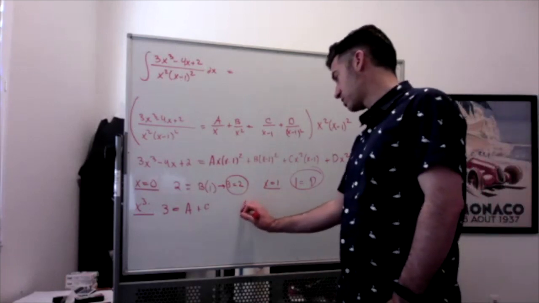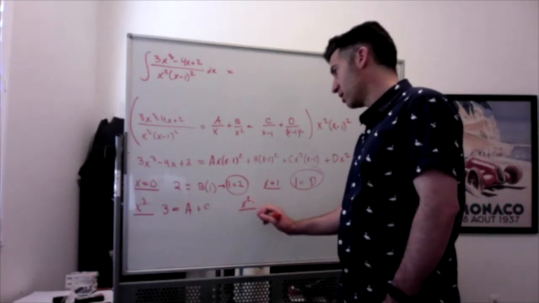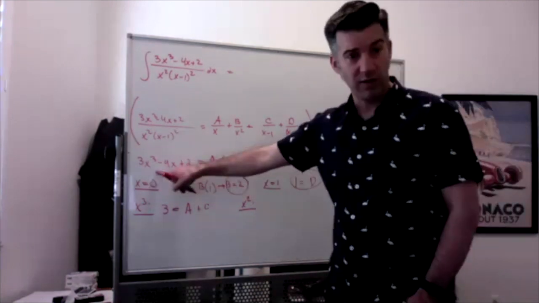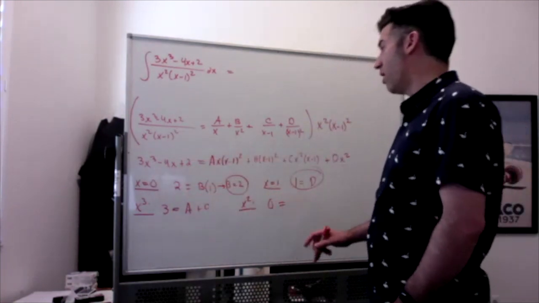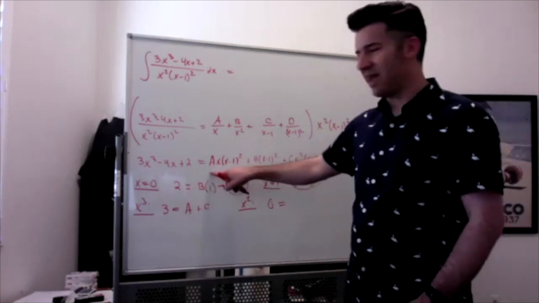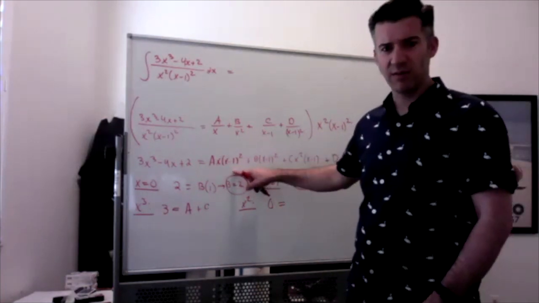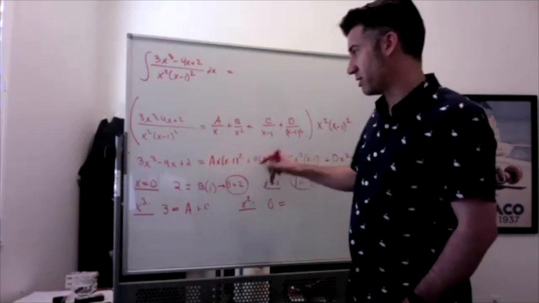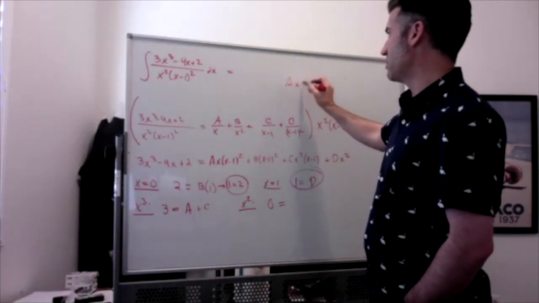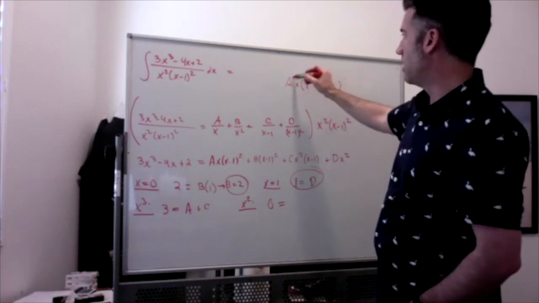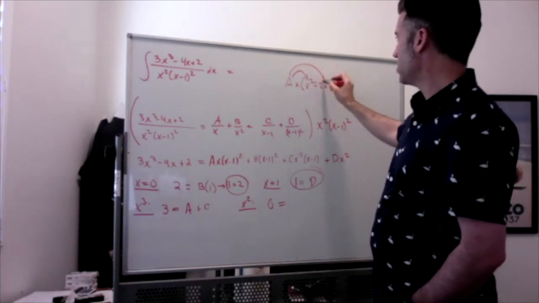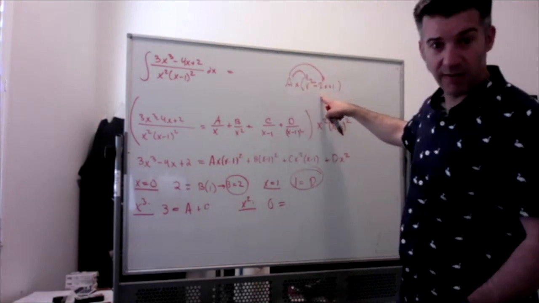So let's look at x squared. I don't have any x squared on the left. That's okay, I have 0x squared on the left. On the right, do I have any a times x squared? Well, this is where I have to be a little bit more careful. If you actually multiply this out, you have a times x squared minus 2x plus 1. And then when you distribute this, you do get ax times negative 2x.